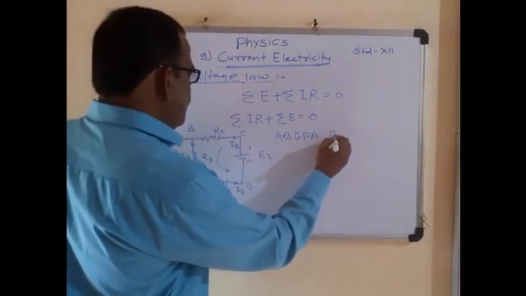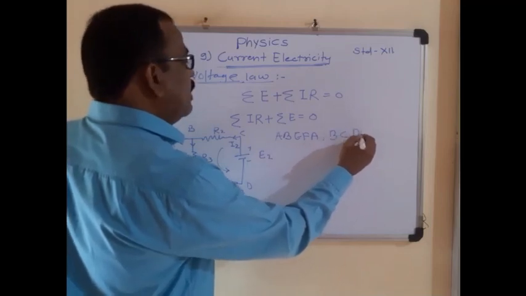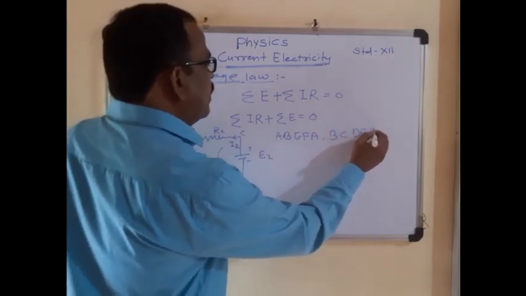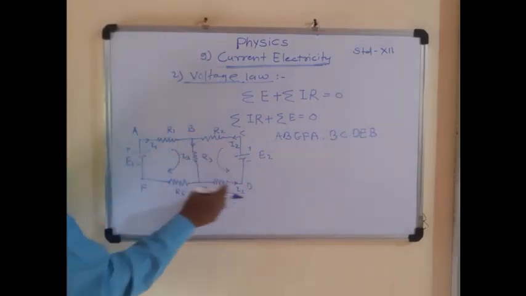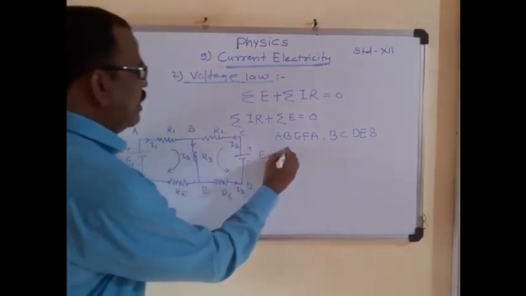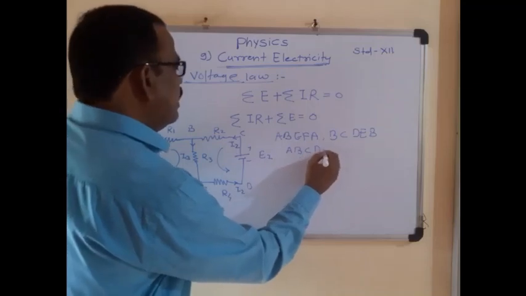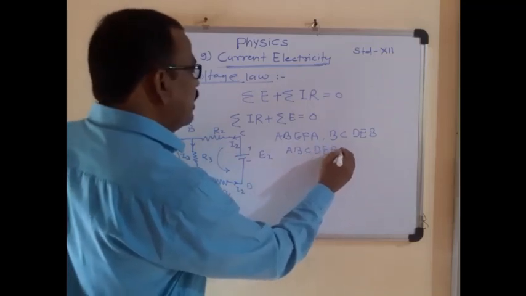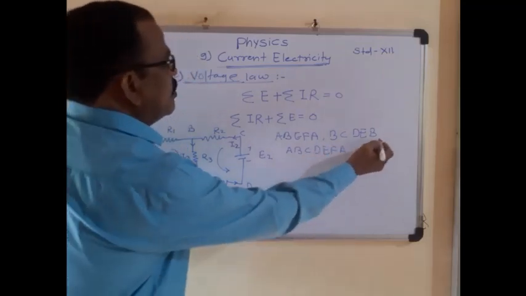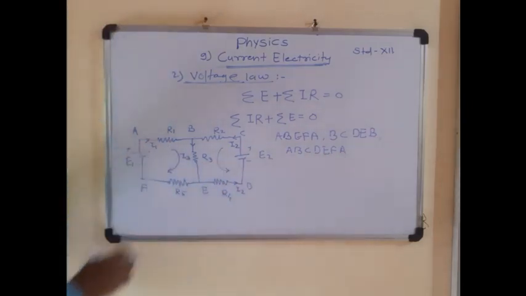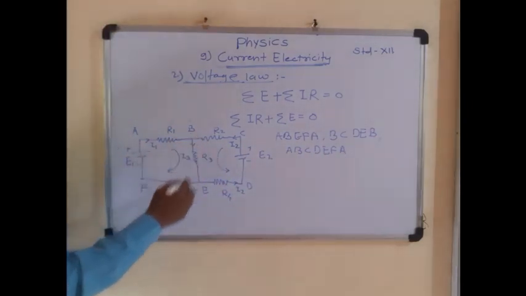Second, B, C, D, E, B. And third, A, B, C, D, E, F and A. These are the 3 closed loops contained in this given circuit.